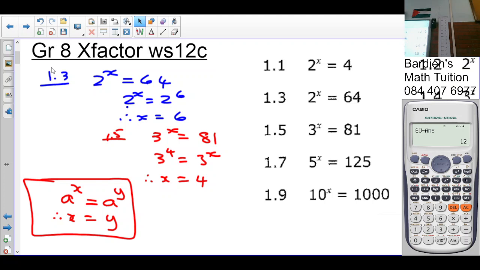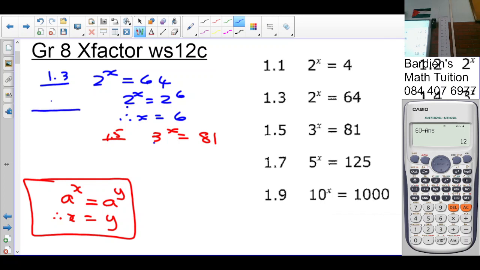If you look at 81, we're going to try and write 81 as a base of 3. I can break this up into products of its prime factors. So can 2 go into 81? No. But 3 can. 3 goes 27 times.